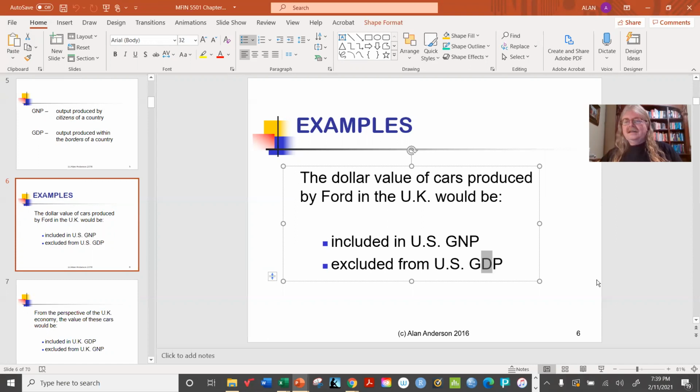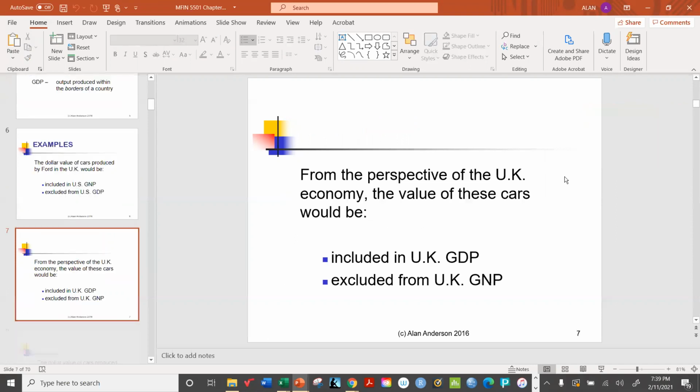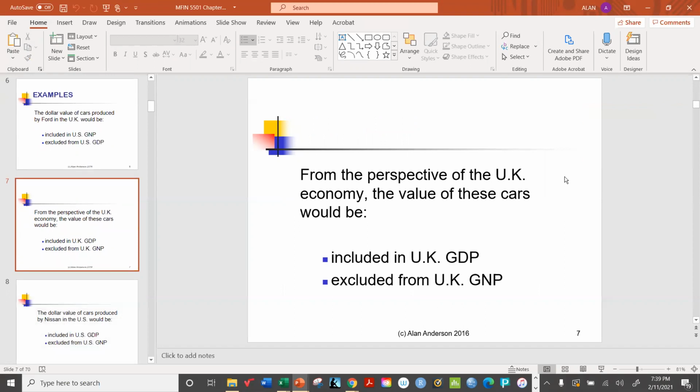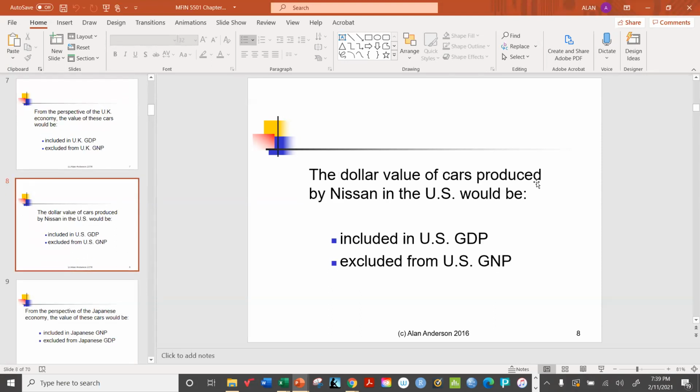Now, how about this example? From the UK perspective, these cars are included in the UK's GDP because they're being built in the UK, but not in the GNP because it's not a British company. Now, how about this one?